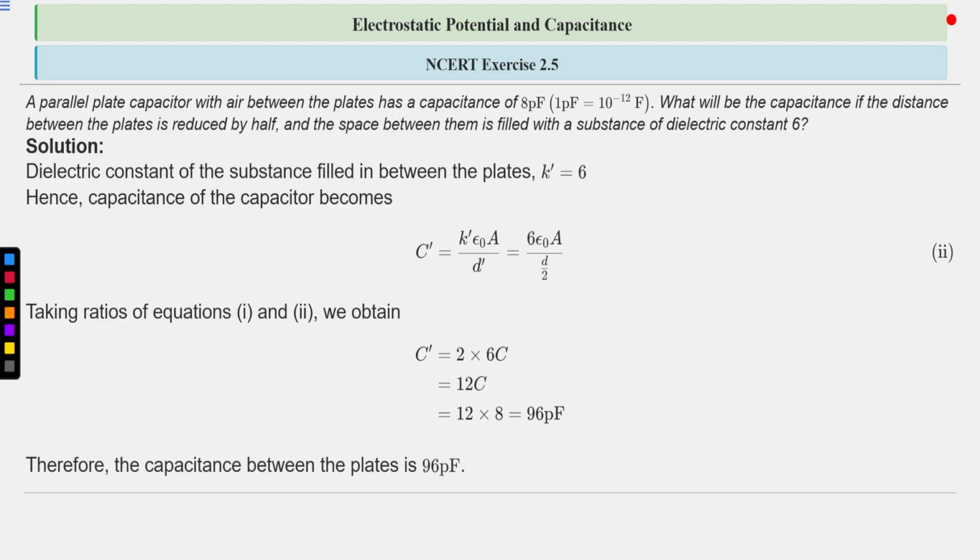Therefore the capacitance is 96 picofarad when the distance between the plates of the capacitor is halved and a dielectric with dielectric constant 6 is inserted between the plates.